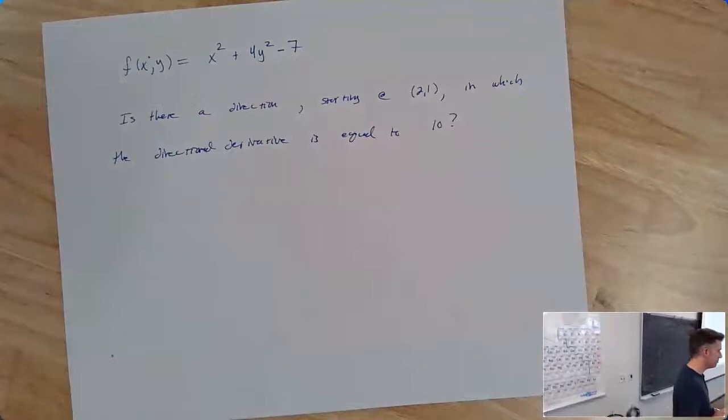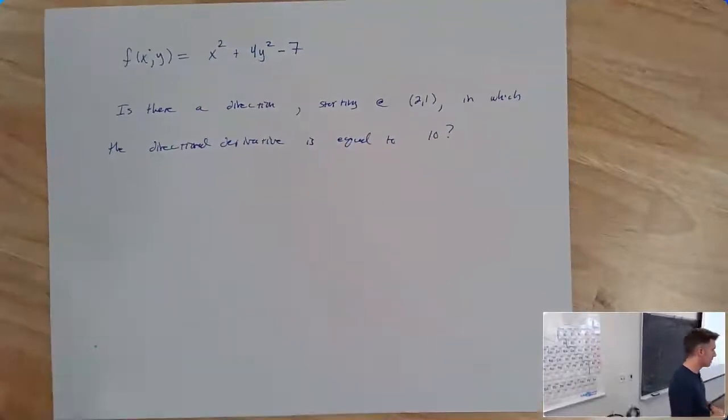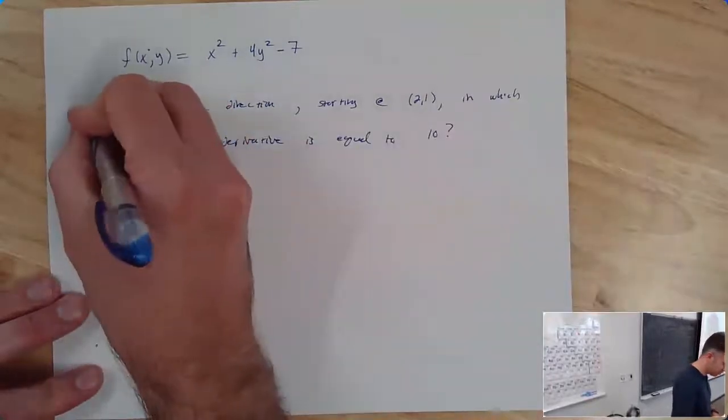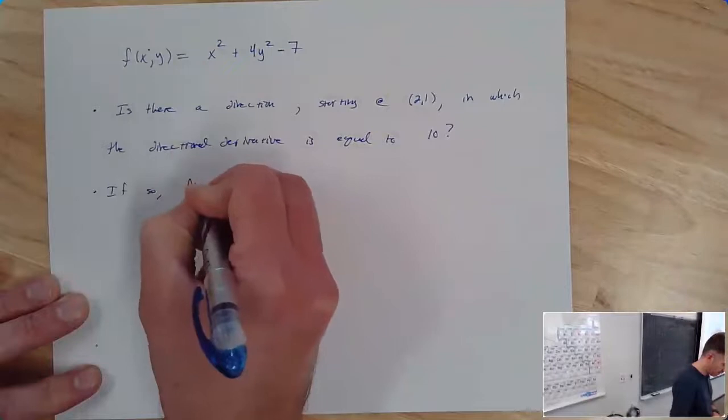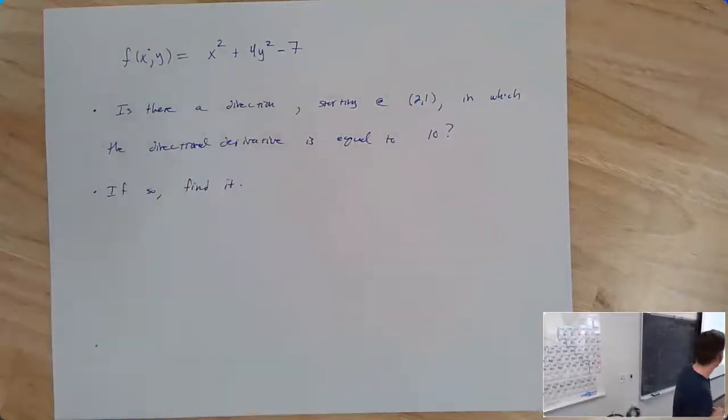It's kind of a good question. And I should follow up with, if so, find it. So the question we're really asking here is, can the derivative be that big or not?